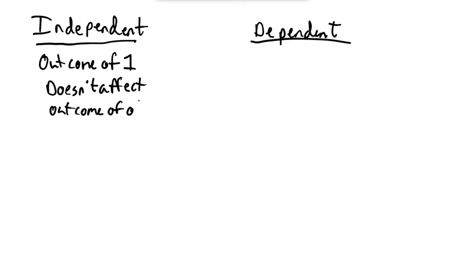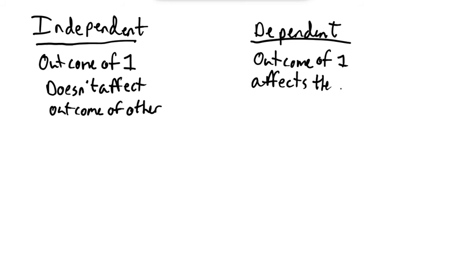So this would be something like flipping a coin, then rolling a die. We don't expect one of those to have an effect on the other. Whereas dependent would be when the outcome of one affects the other. So this would be something like pulling 2 cards out of a deck.